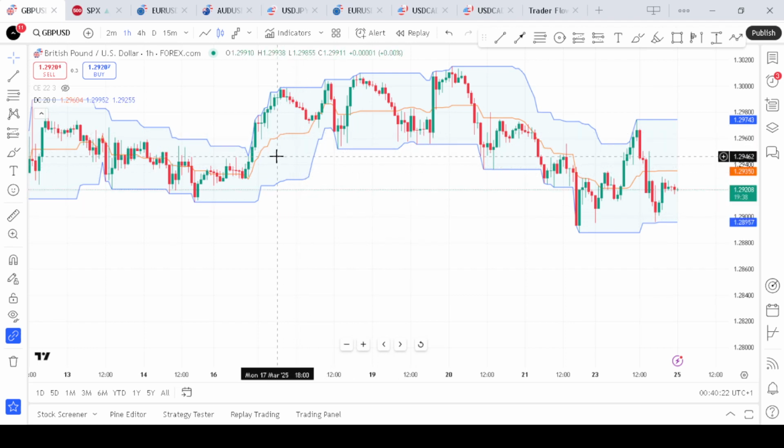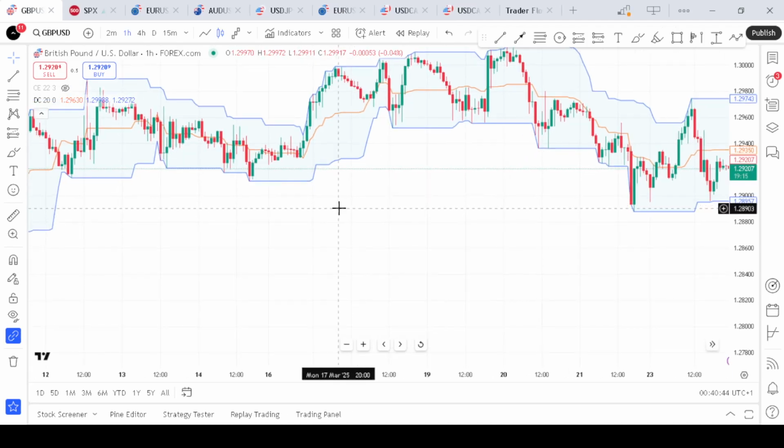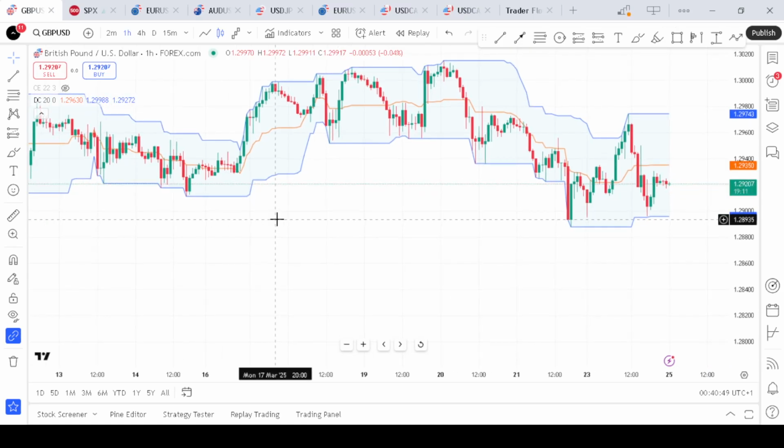The upper band represents the highest high over a specific period, while the lower band represents the lowest low during the specific period too. The middle band is an average of these two bands. This channel highlights potential breakout points and helps you to visualize support and resistance levels.